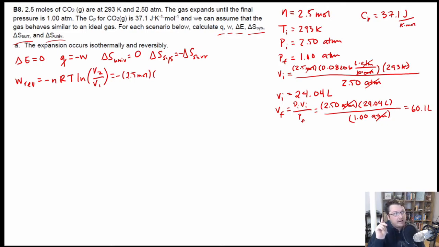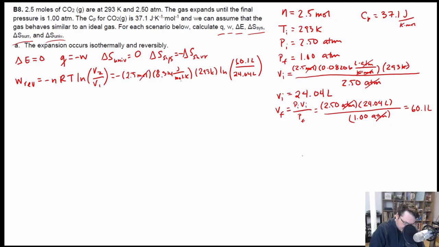Our R now, because we're looking for a final unit of joules, is going to be 8.314 joules per mole Kelvin, times the temperature, 293 Kelvin, times the natural log of V2, which is our V final, 60.1 liters, over our V initial, which is 24.04 liters.